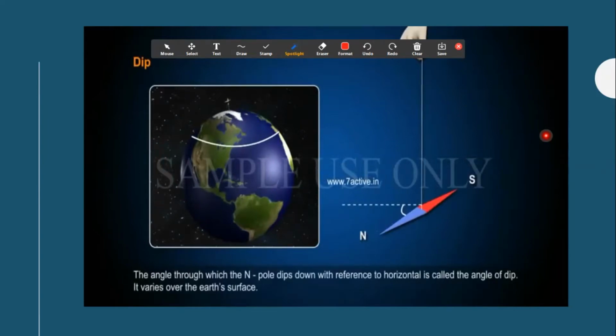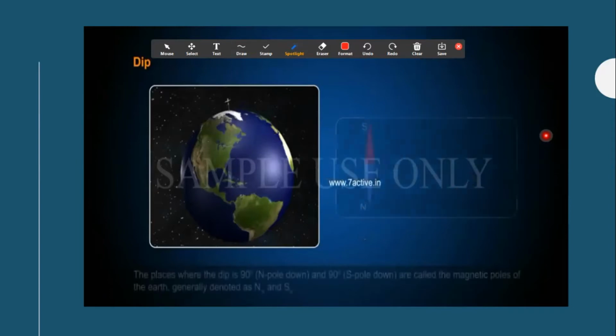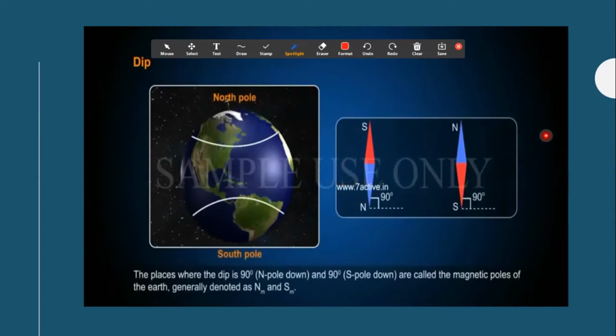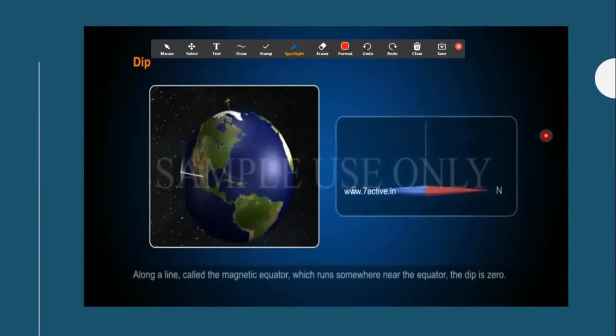It varies over the Earth's surface. The places where the dip is 90 degrees, north pole down and south pole down, are called the magnetic poles of the Earth, generally denoted as NM and SM. Along a line called the magnetic equator, which runs somewhere near the equator, the dip is 0.